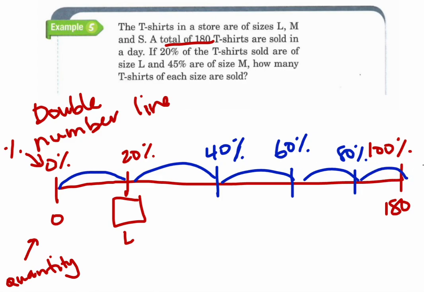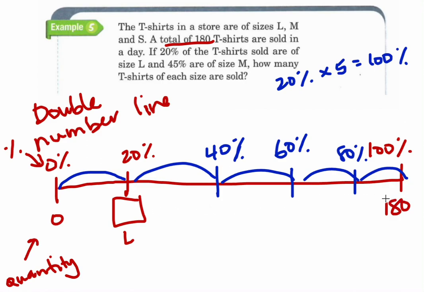So we're basically adding up 20% each time. Well, that would be 1, 2, 3, 4, 5 different sections that make up 100%, right? Because 20% times 5 will get you that total of 100%. So basically they're divided into 5 different parts.